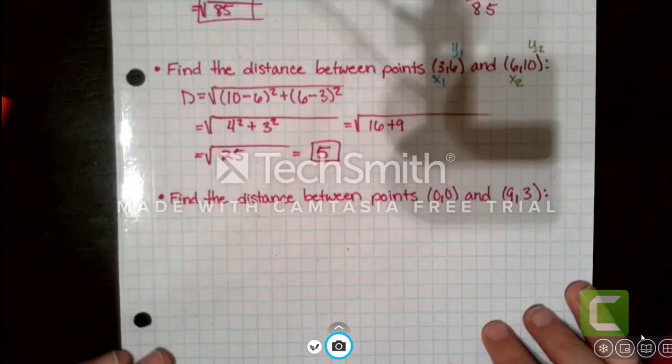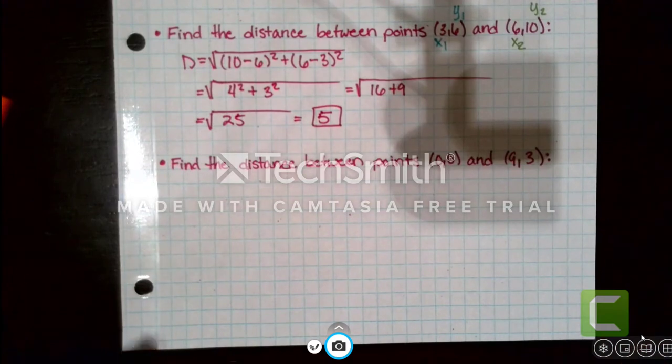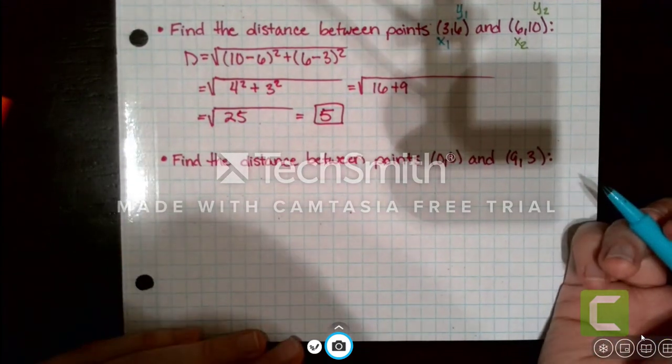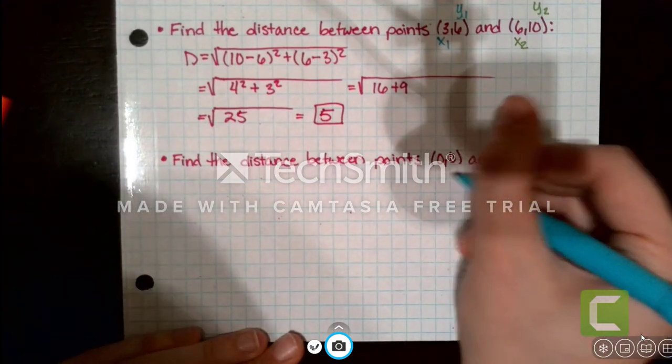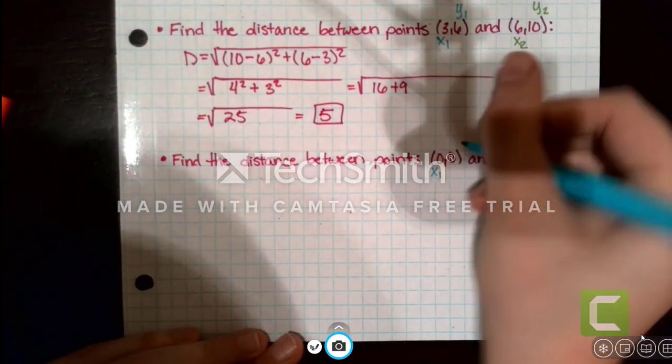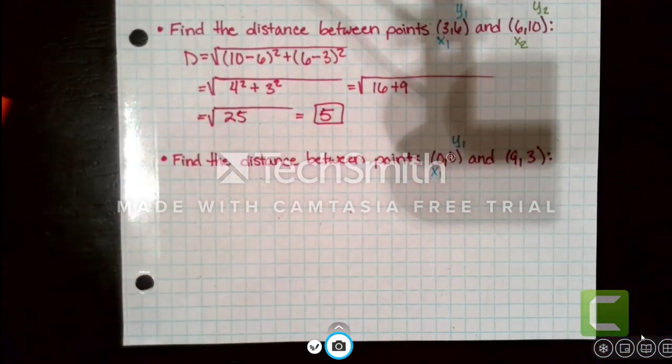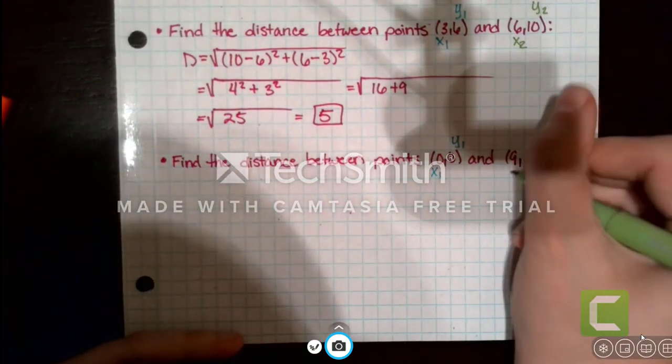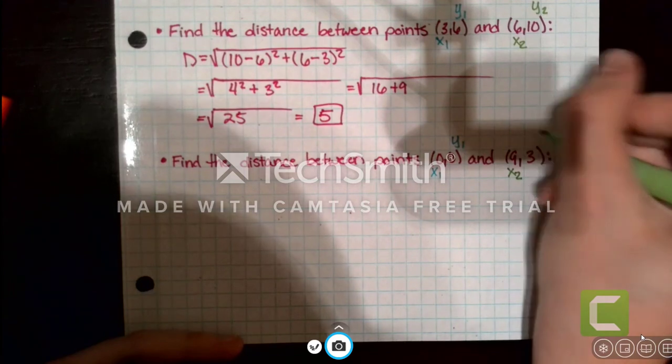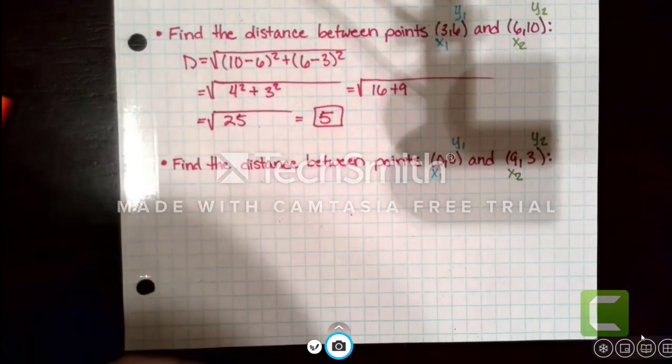And finally, we have example 4. Example 4 has you finding the distance between points 0, 0, x1, y1, and 9, 3, with 9 being your x2 and 3 being your y2.